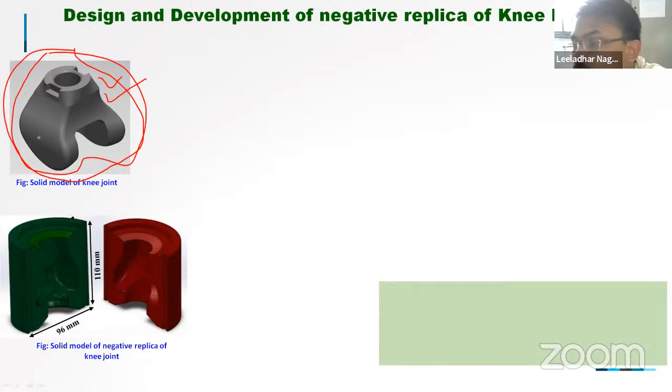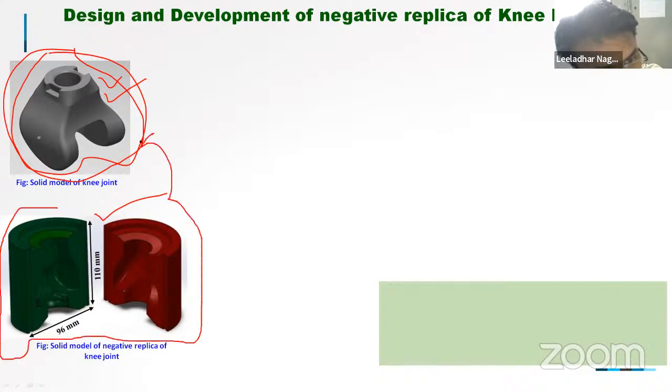ultimately we have fetched all the data, and we have gone for the 3-axis CNC milling machine, and we have come up with this negative replica of the joint. So this is the developed fixture for this particular knee joint.